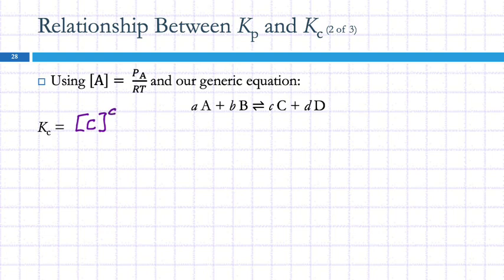Yeah, the little c. And then we multiply that by the molarity of the other product. And the exponent is its coefficient. Is it coming back to you at all? I think you guys stayed up too late studying last night. And then we're going to divide by the reactants. The concentration of A to the A power and B to the B power.